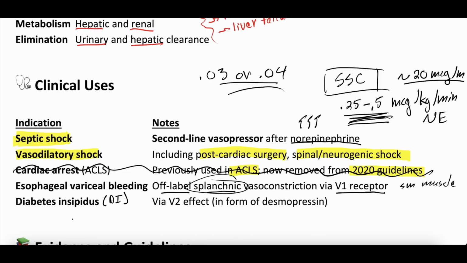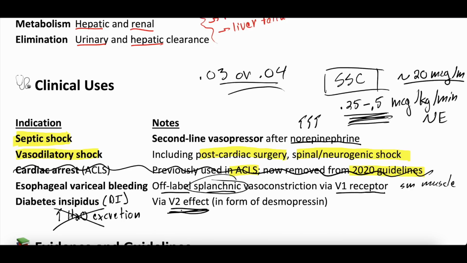So outside the confines of this discussion, but diabetes insipidus is where you're urinating out a ton of water, so you have increased water excretion. That leads to your sodium being high. So the V2 effect with vasopressin just helps you hold on to that water so that you have less water excretion to help you normalize your sodium.